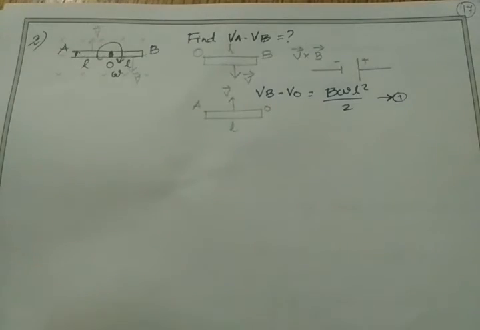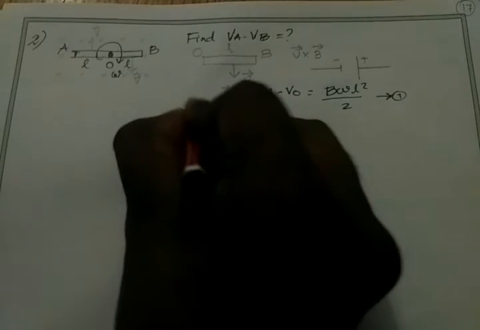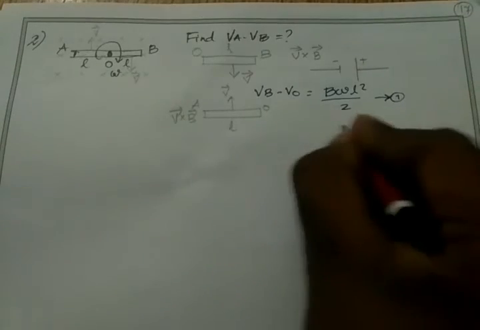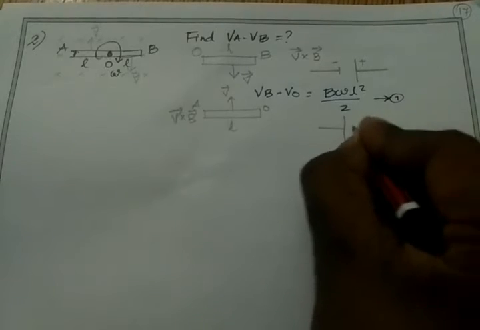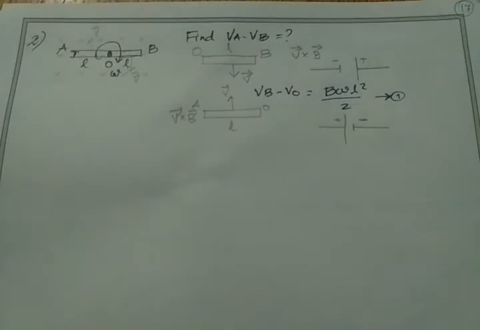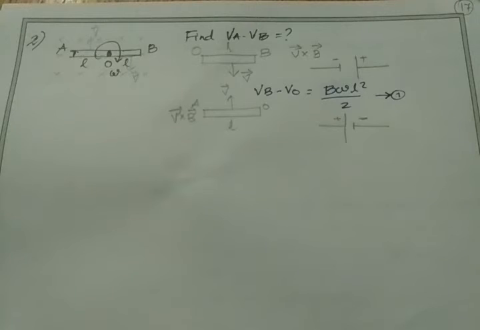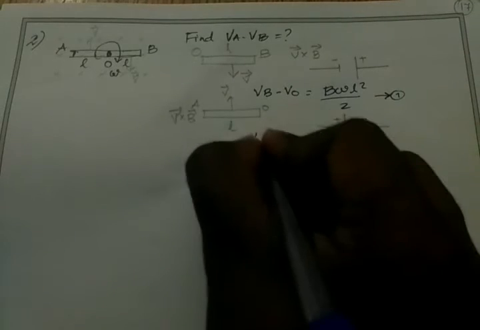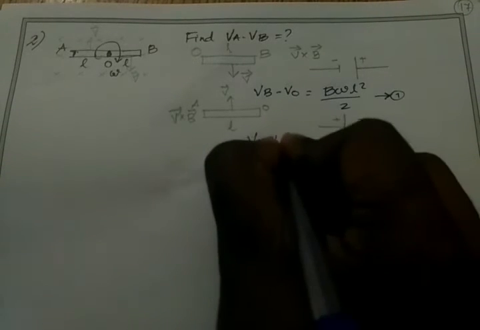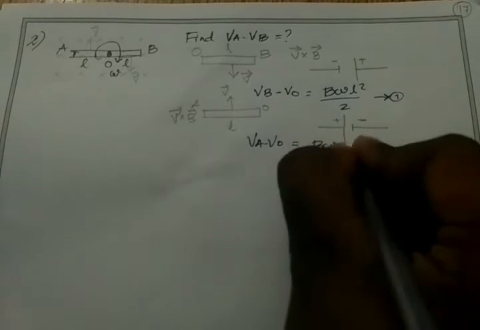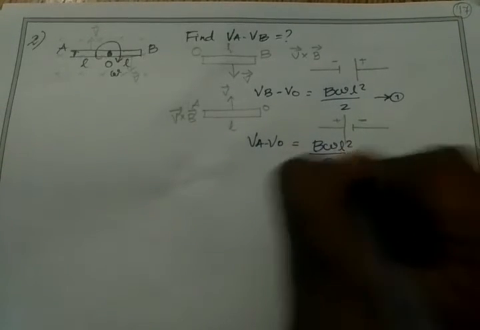V cross B. So my direction will be left side. So V cross B will be left side of the rod. So this is positive terminal, this is negative terminal. So VA higher potential, VO lower potential. So we can write higher potential minus lower potential. We get positive value, that is B omega L square by 2.